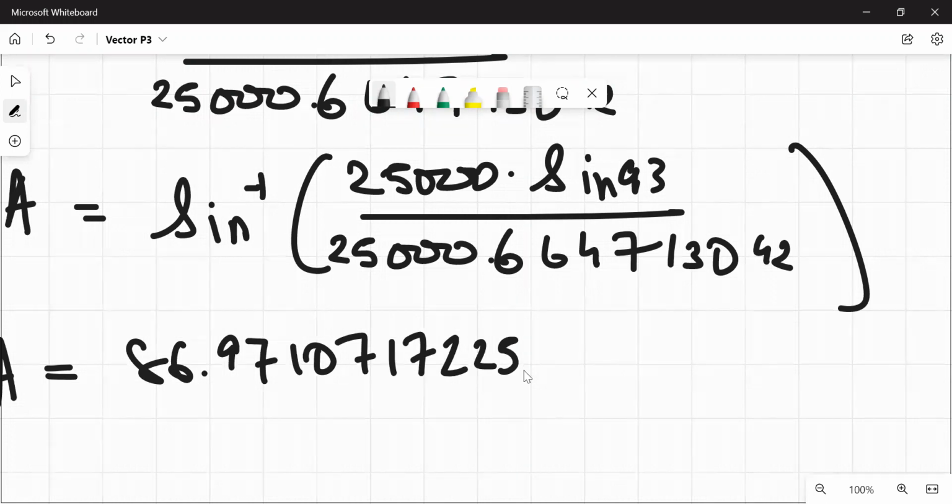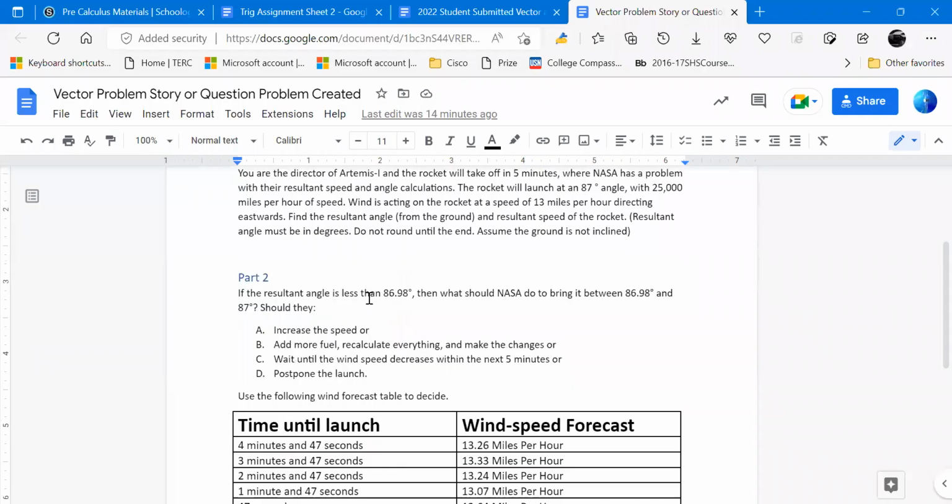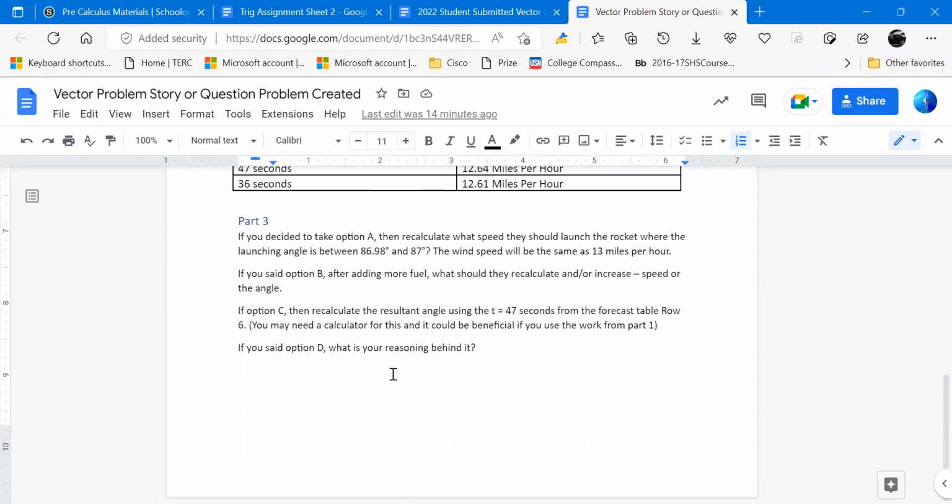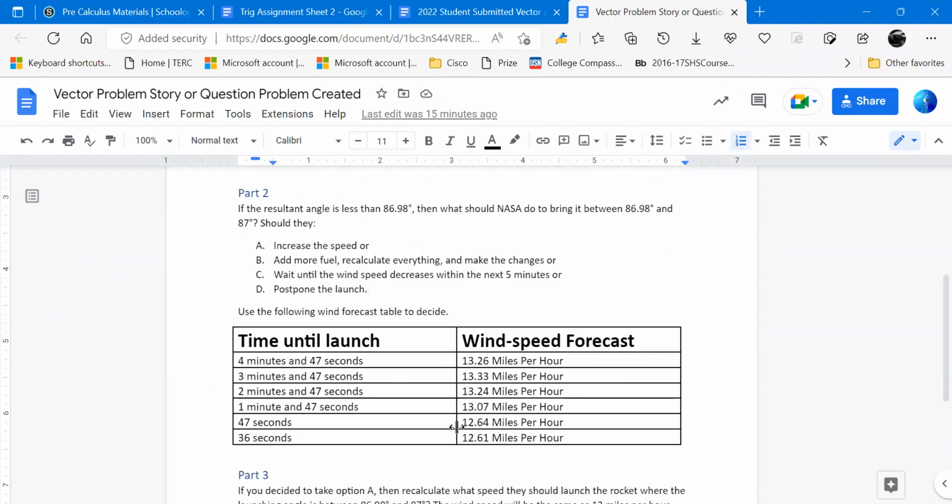So here's the thing now. We did not get it between 86.98 and 87, right? So I believe that they should postpone the launch until the wind speed goes way less than 12.61 miles per hour.